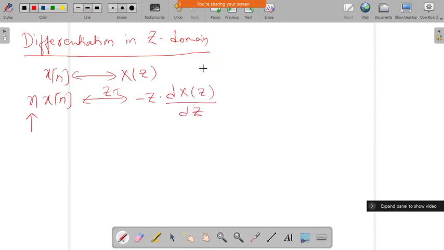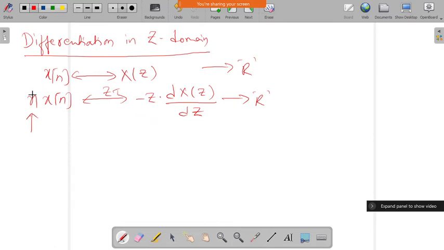Again the ROC remains as it is. So the only change is that if we scale the signal in the time domain, then in the z domain it will have a differentiation.